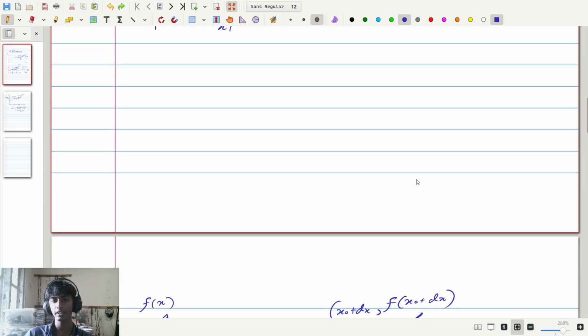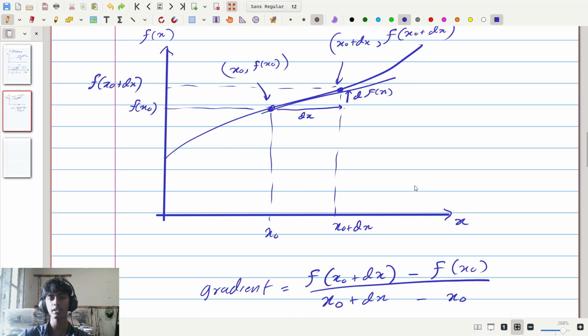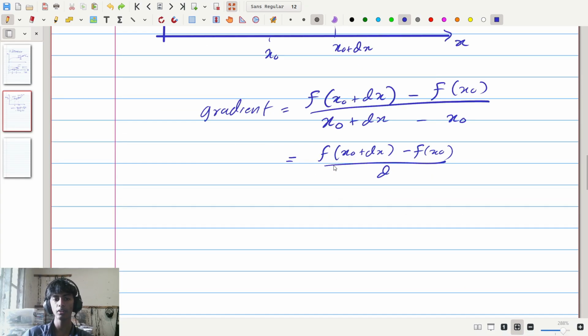So what we want to do is reduce the distance dx, because if we reduce dx, then this point is going to get closer and closer to the actual point we're interested in, x0, f of x0. We have an operator for this. When we want to reduce this gradually without turning it into 0, we take the limit.